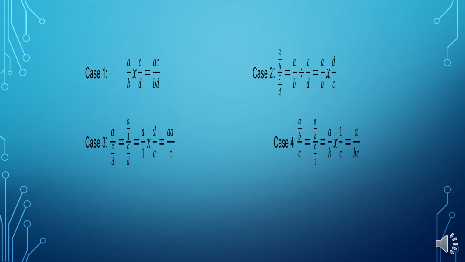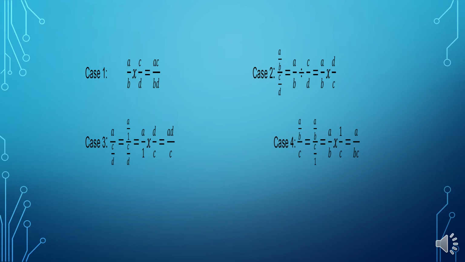So the numerator will become the denominator, and the denominator will become our numerator. And then if you already have the reciprocal of the second term, you can now proceed to multiplication. So it will be A over B times D over C, or AD over BC.